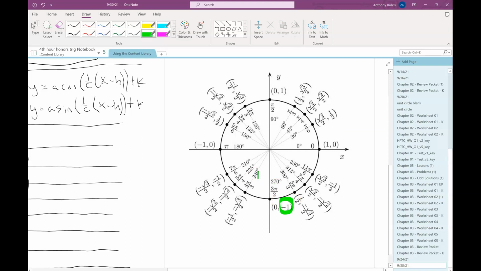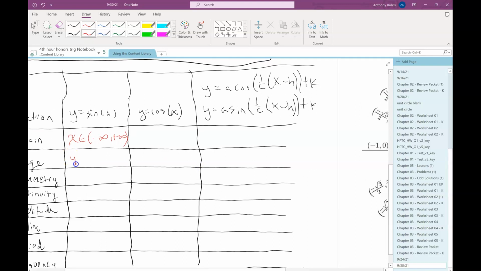And the largest output for sine is going to be equivalent to the largest y-coordinate on the unit circle. That's just +1. So my range is going to be -1 to +1.